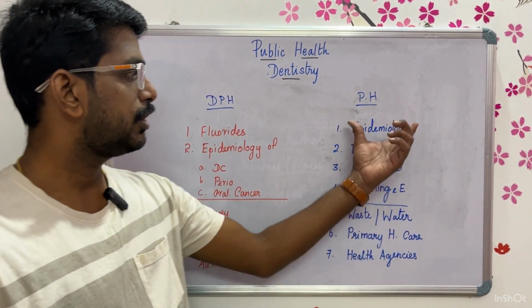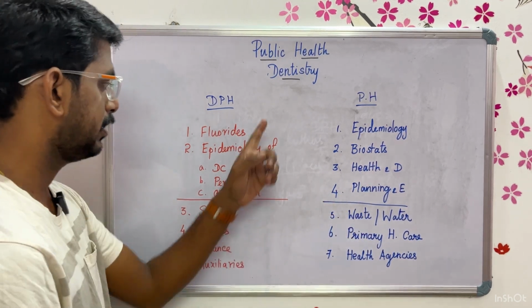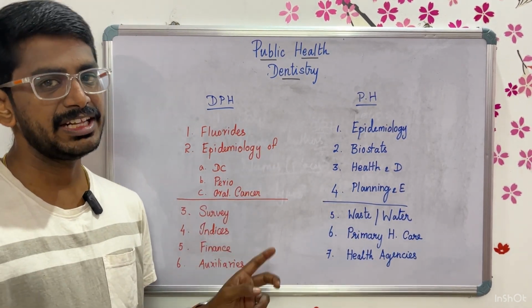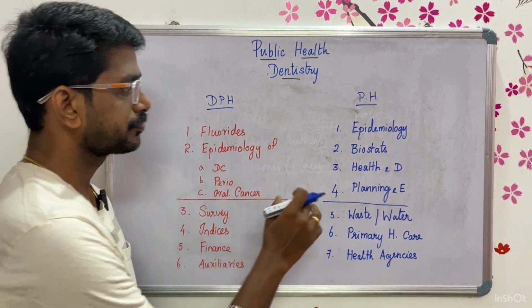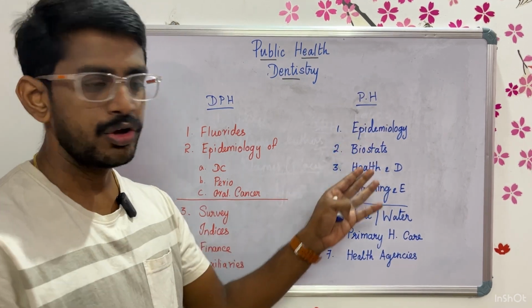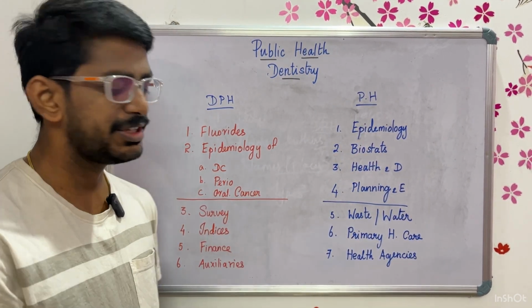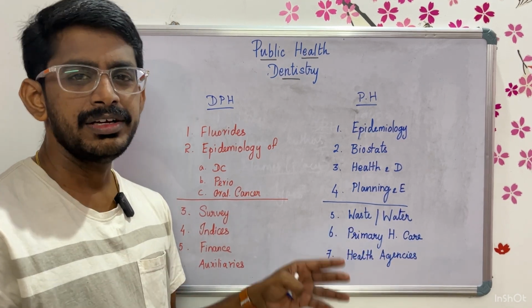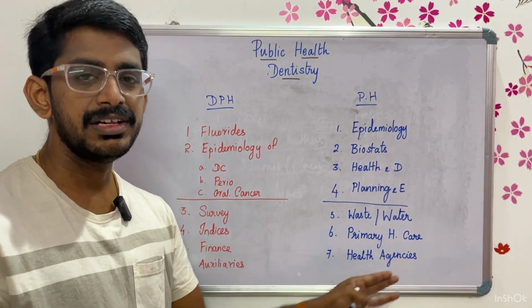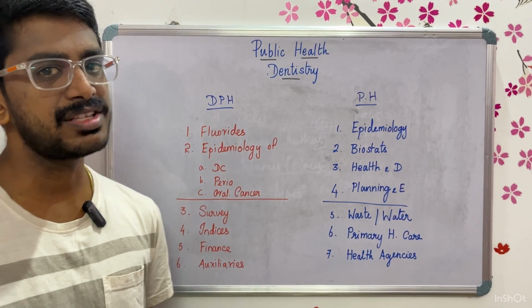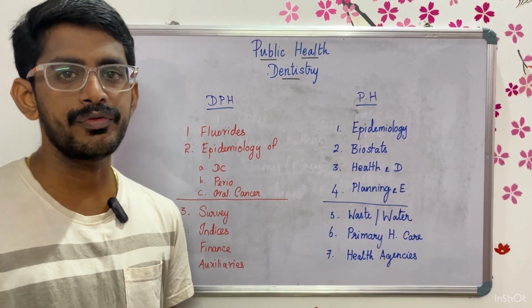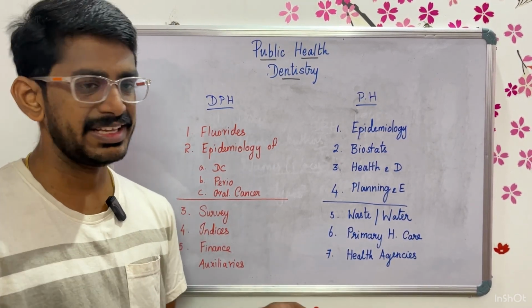So, these are the topics under public health, and these are the topics under dental public health. So, public health has epidemiology, biostats, concepts of health and disease, planning and evaluation, water and waste managements, primary health care and health agencies around the world like WHO, Rockefeller Foundation, Red Cross Society, etc.